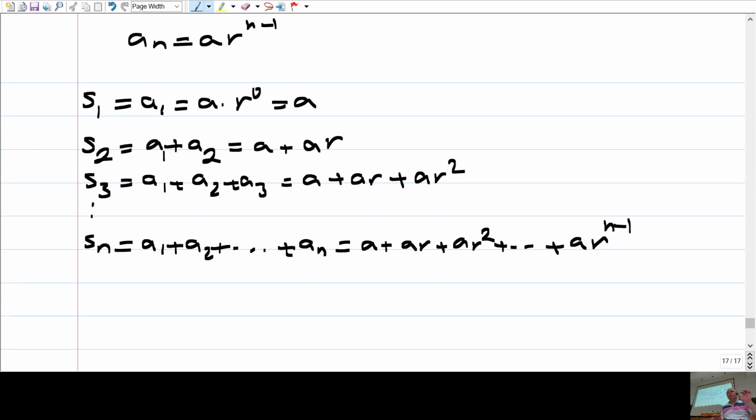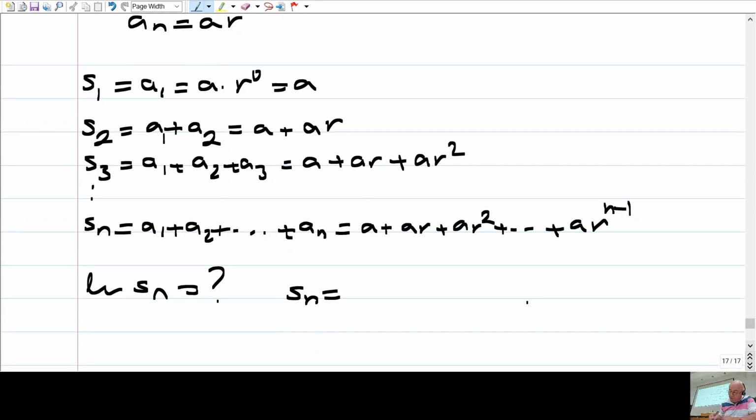So to check the convergence of this series, I have to check the convergence of this sequence, right? So we ask this: does this limit exist? So that's the problem. How can we do this? Well, let's write down S_n in this way. This is a times 1 plus r plus r squared up to r to the power n minus 1.